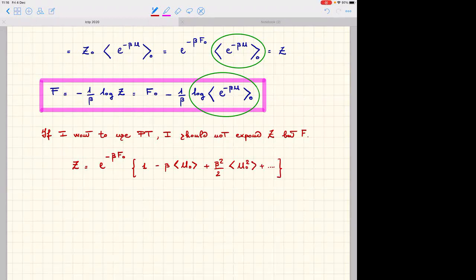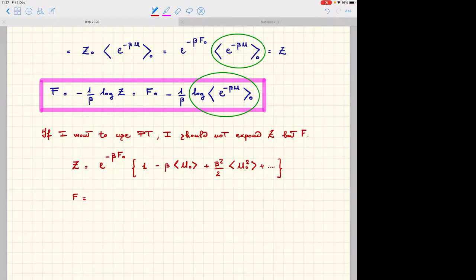Now, what I'm saying is that this expansion by itself is not meaningful, because what you want to compute physically is not the partition function. So you don't need a partition function written as a power series in the interaction strength. What you want to compute is the free energy, F.